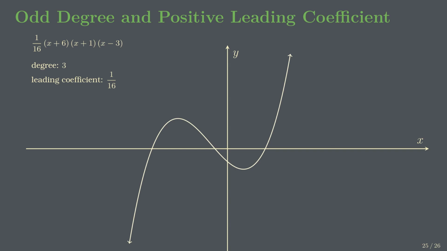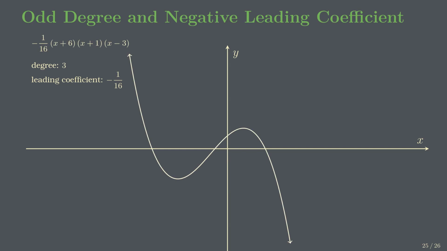And in this case, if you now consider the leading coefficient, if that is positive, then when x goes to plus infinity, f(x) also goes to plus infinity, and of course f(x) must go in the opposite direction when x tends to minus infinity. And when the leading coefficient is negative, then when x goes to minus infinity, f(x) will go to plus infinity, and vice versa.